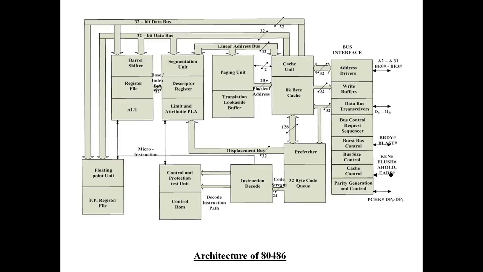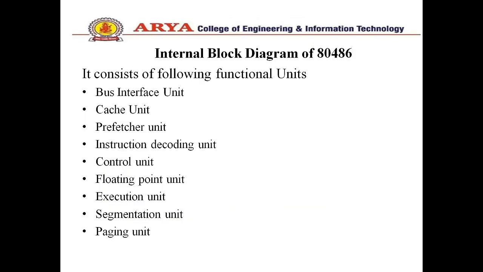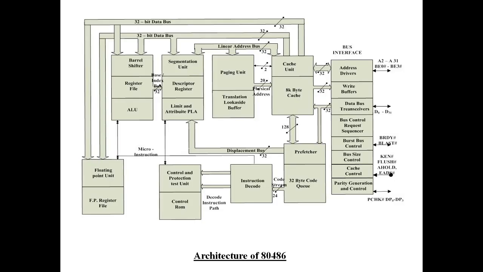It is the architecture of 80486. We can see the basic units which have been discussed here depicted in this architecture. From the exam point of view, 80486 and 586 both are important, and we can have a question in the form of a short note on these coprocessors.